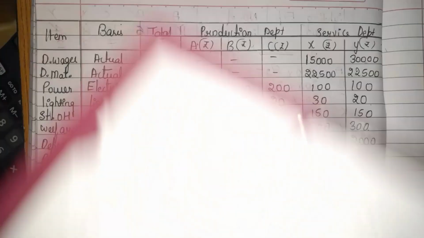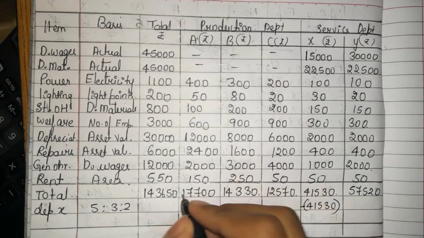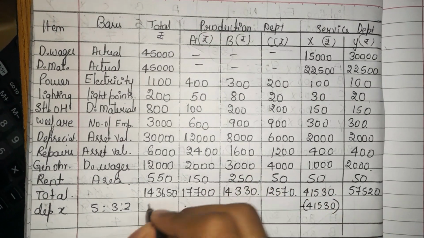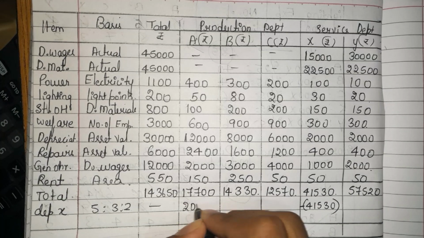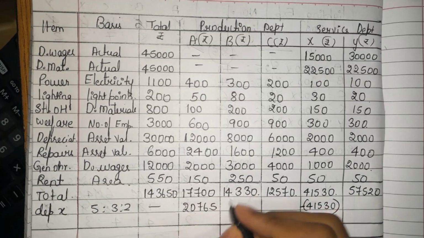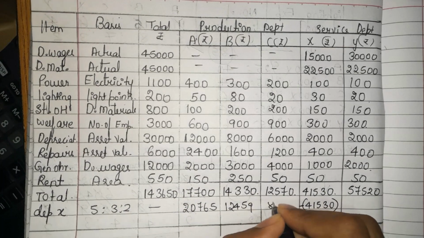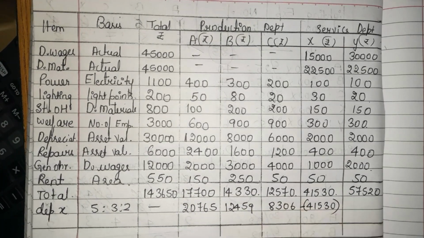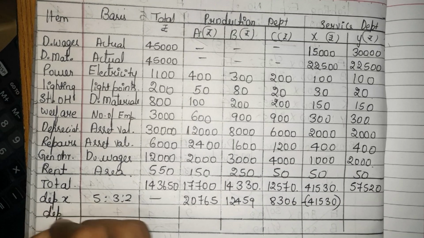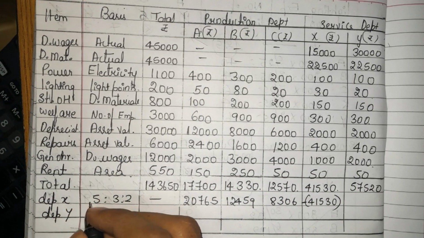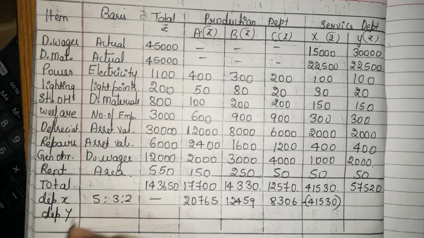The same amount we have to write over here. So here it is 20,765 and 12,459 and 8,306. Now we have to do the department Y in the ratio of direct wages.